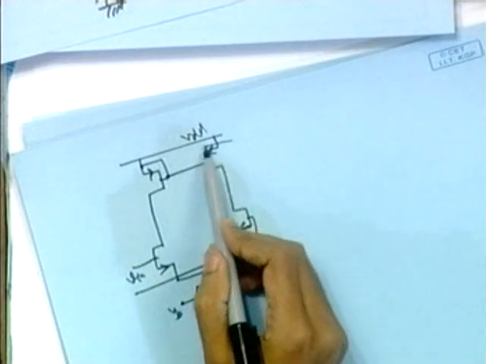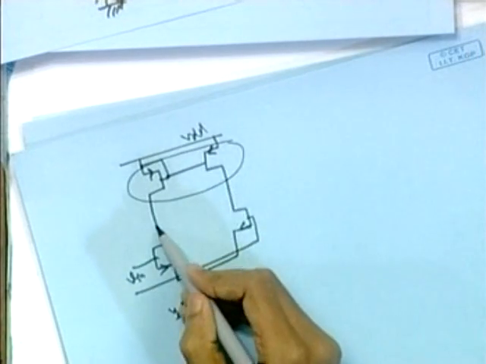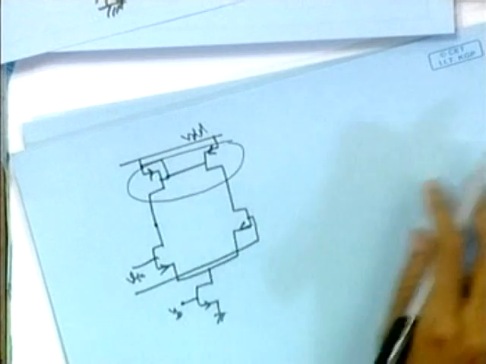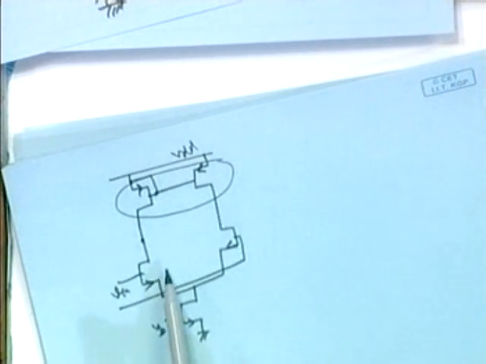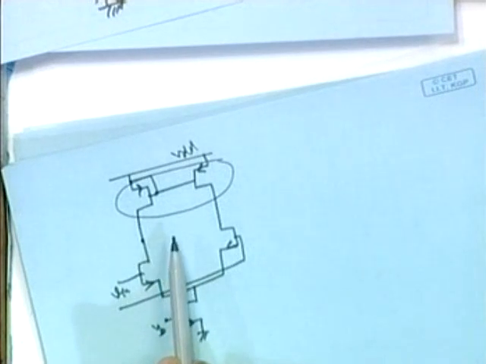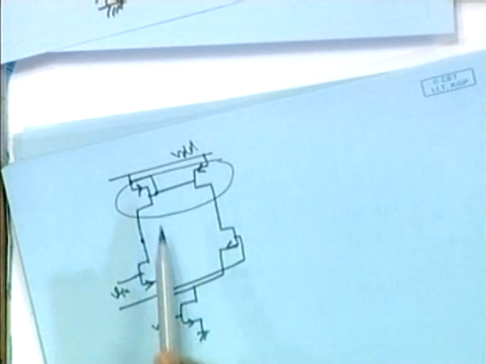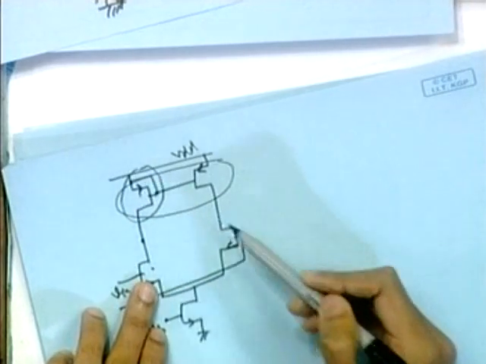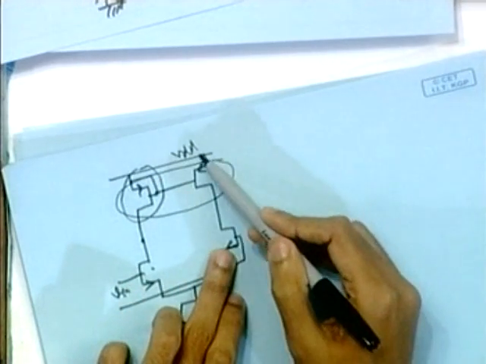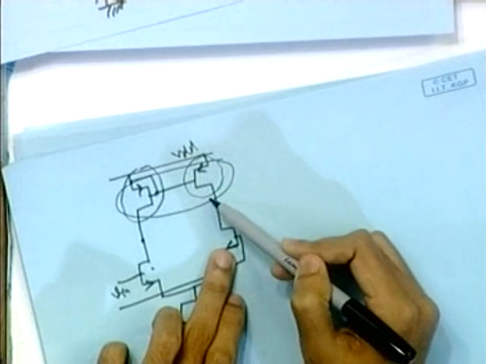So this is your current mirror. This acts as a load to our differential amplifier. And normally you see that this circuit is basically asymmetric, because this transistor feels a diode connected load, but this transistor feels a kind of constant current source load.